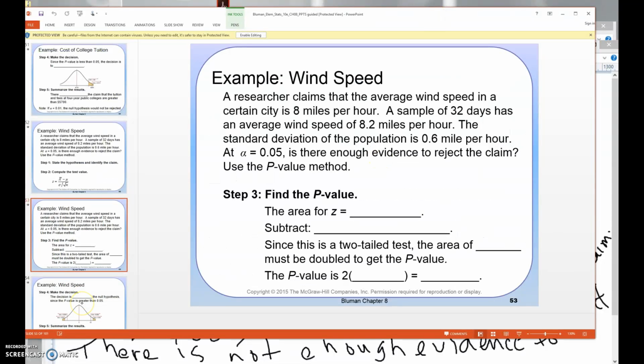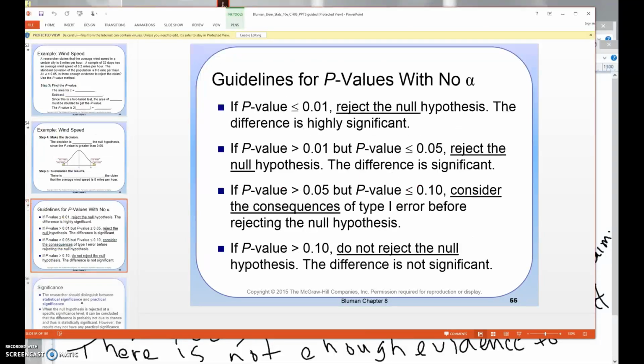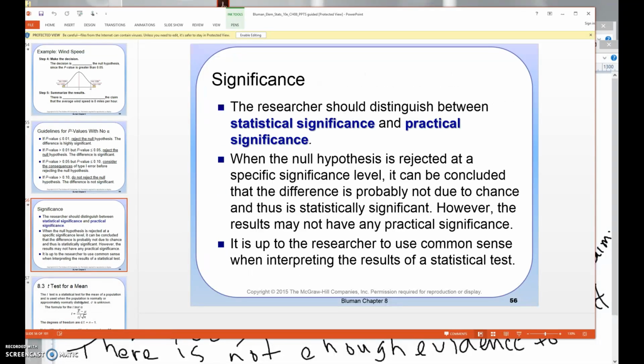A couple of things to consider here. Guidelines for p-value with no alpha. Just read through this slide to get an idea for what it is asking for. And then lastly, the significance.